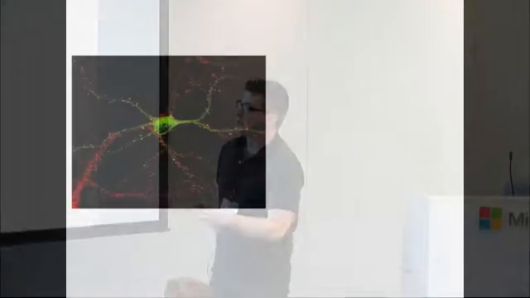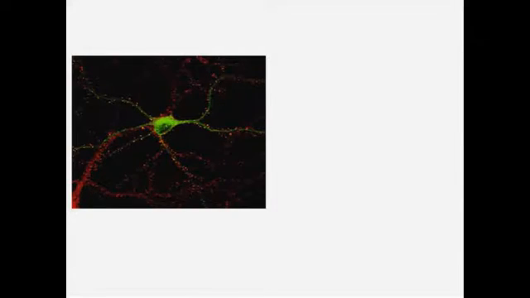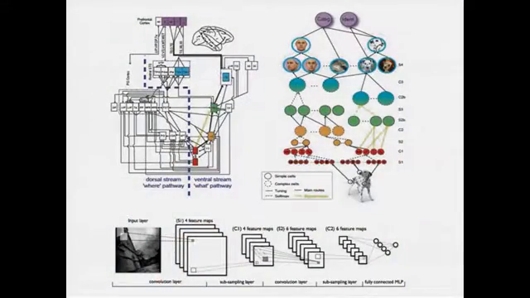And then, inspired by the hierarchy of the visual system, where one area projects to the next area to the next area, we've got these hierarchical models, and also this whole big world of deep learning, which has basically taken over everything. So I don't really need to justify anymore, which is something of a relief to me, that it's a good idea to look at biology and take something from it and build something.